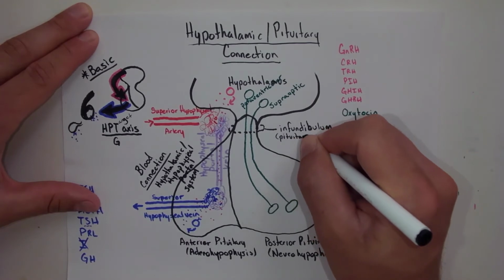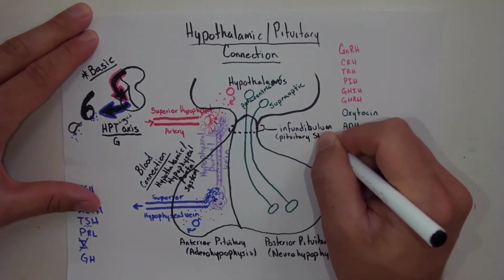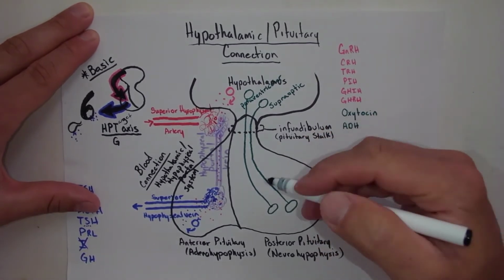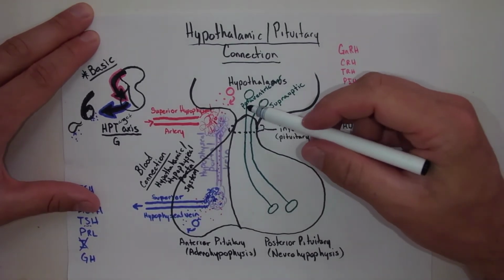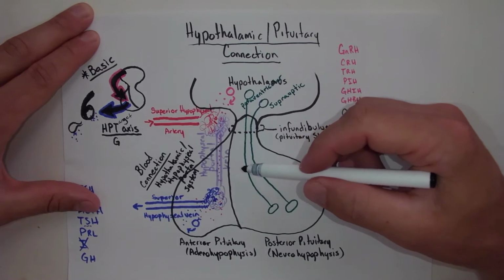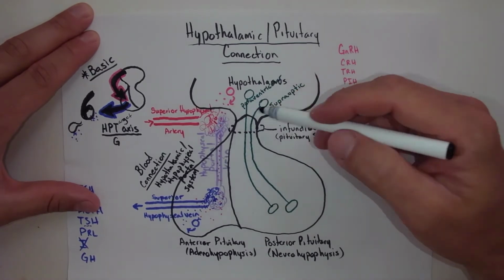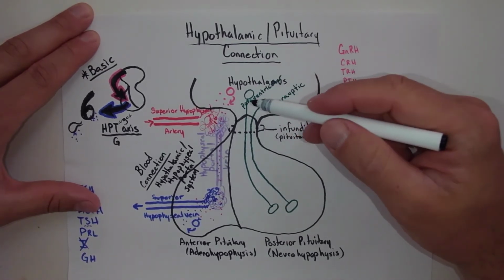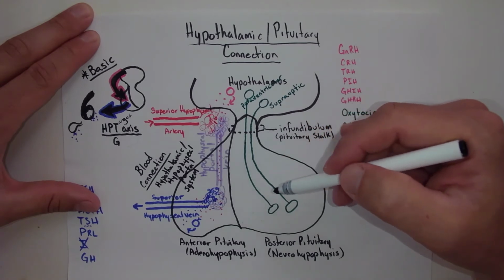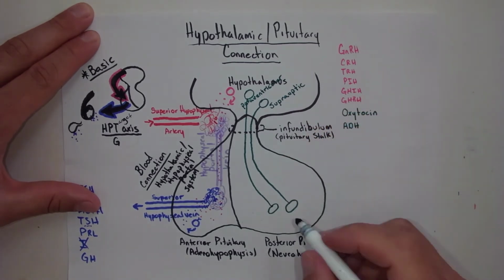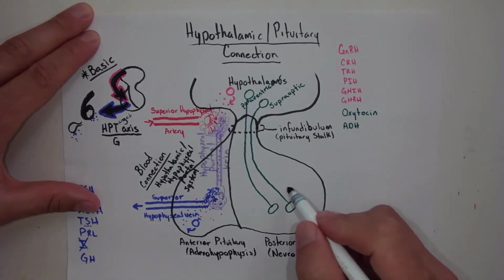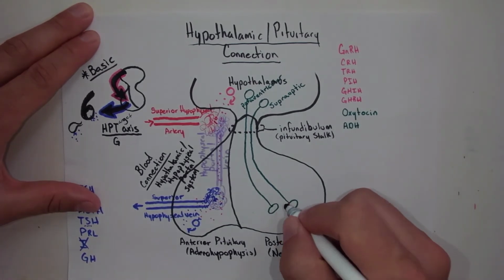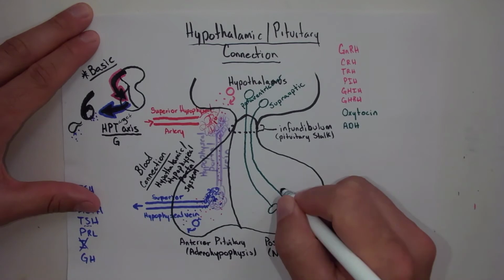Pituitary stalk is neural tissue. It contains the axons that carry the hypothalamic hormones to be stored in the axon terminals of the posterior pituitary gland. We call these axon terminals Herring bodies.